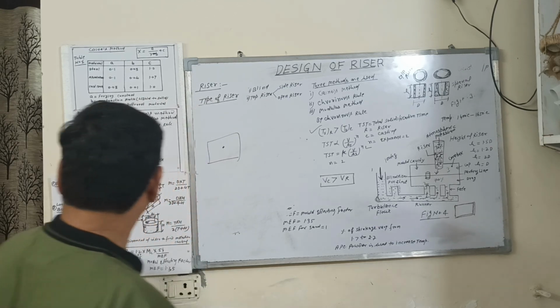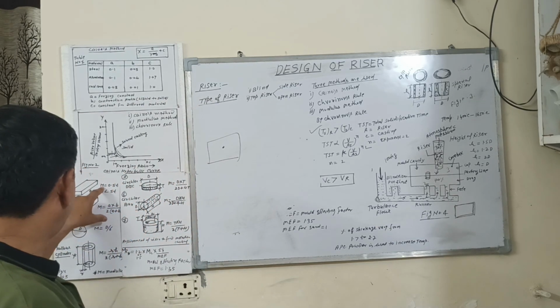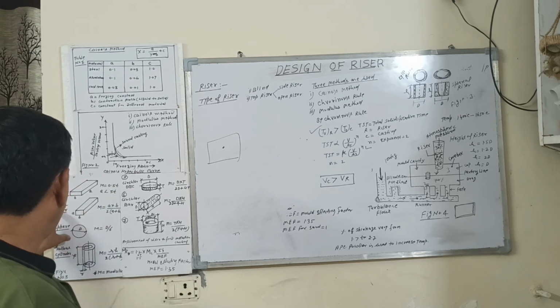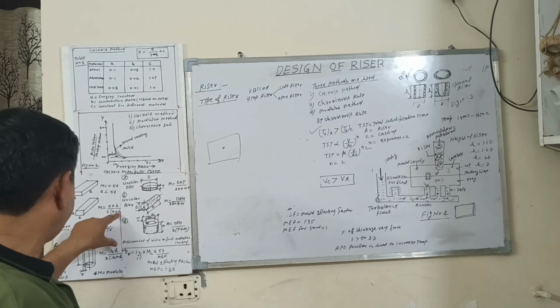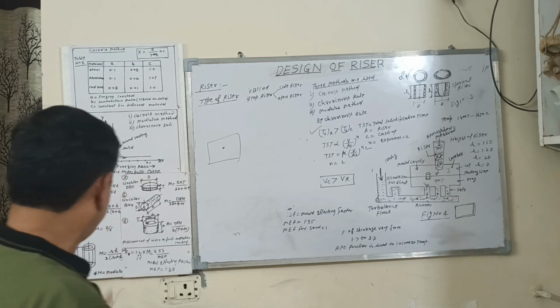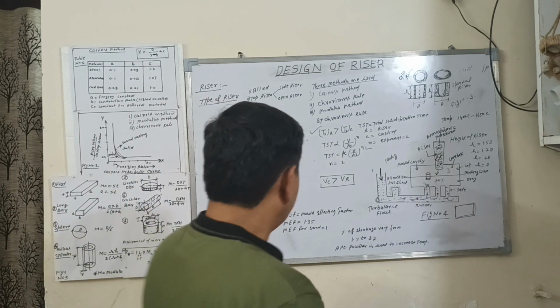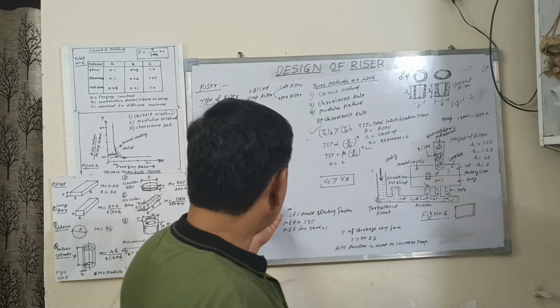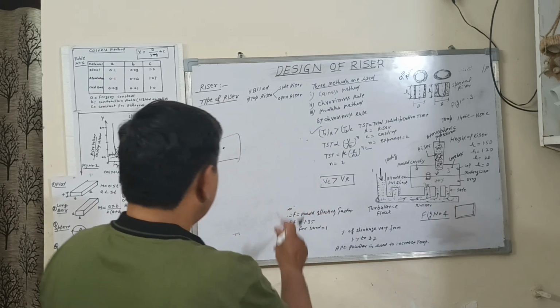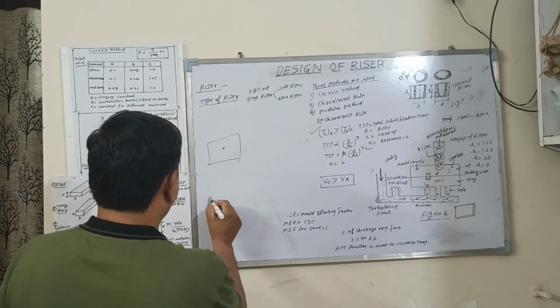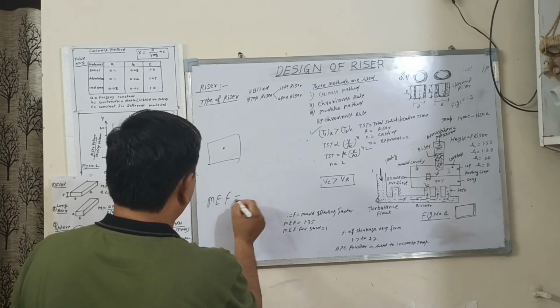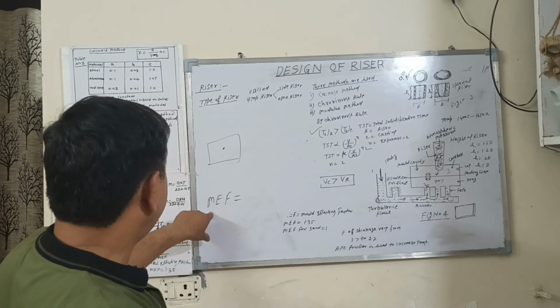Like this, for a flat, the modulus is equal to 0.50; for a long bar, A into B divided by 2 times A plus B is the modulus. These figures show different types of modulus. The modulus affecting the riser has the MEF value, the modulus extension factor.